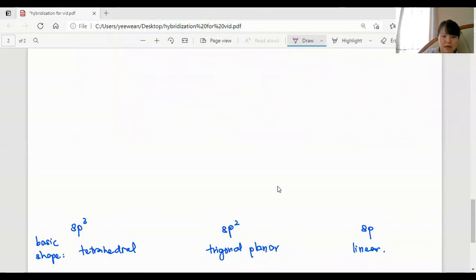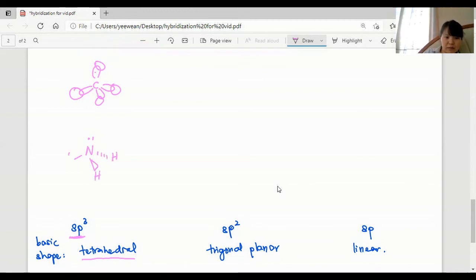So those with basic shape of tetrahedral overlap by sp3. We saw that methane was sp3. So this is methane, but not forgetting things like ammonia. We know ammonia is 1 lone pair and 3 bonded pairs, so its basic shape is still tetrahedral.